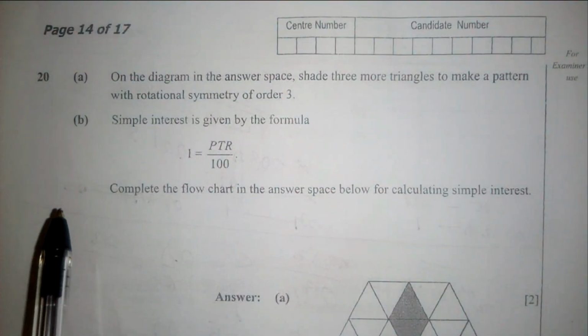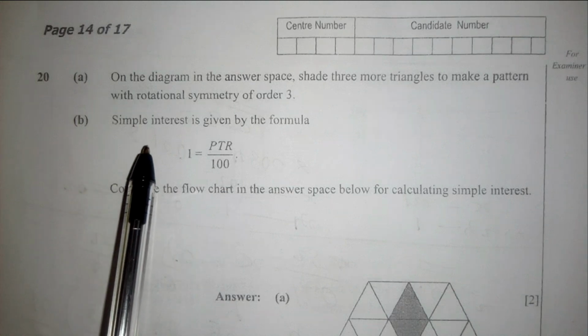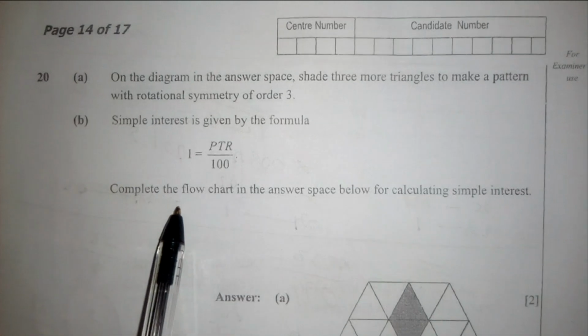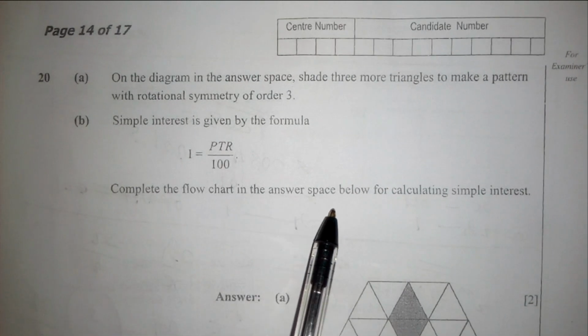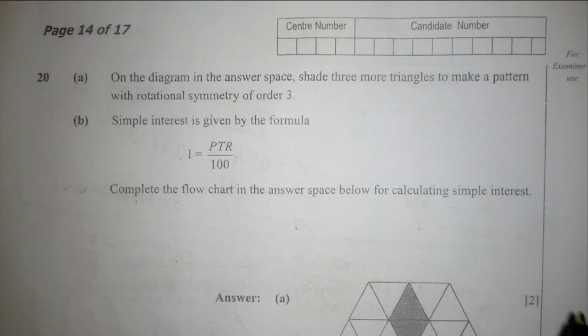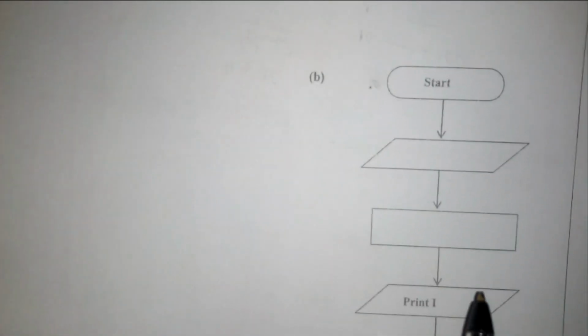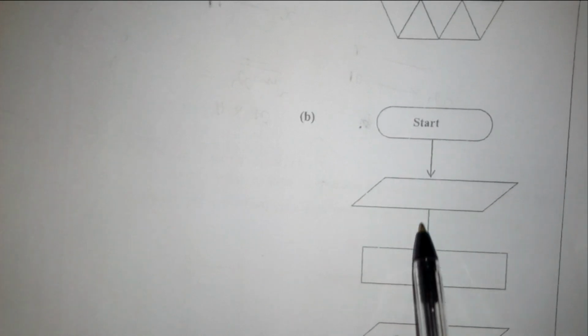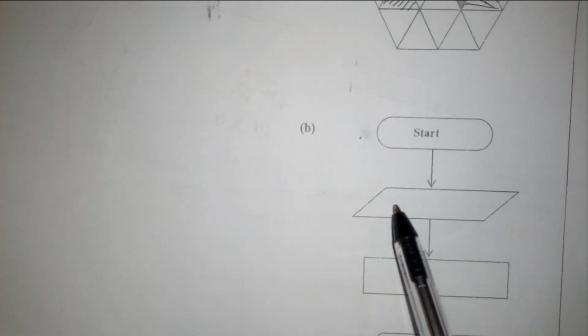So this question 20b reads, simple interest is given by the formula. So this is the formula. Complete a flowchart in the answer space below for calculating simple interest. So if you can see nicely, this is the flowchart. So parallelogram, what does it mean? It means enter.